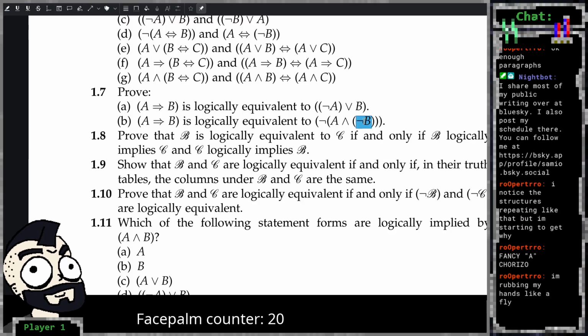When B is false. So not B is only true when B is false, and vice versa. Therefore, A and not B is a formula equivalent to the only case in which A implies B is false. Therefore, if I negate the only case in which this formula is false, I get something equivalent to this formula. That is a mathematical proof.